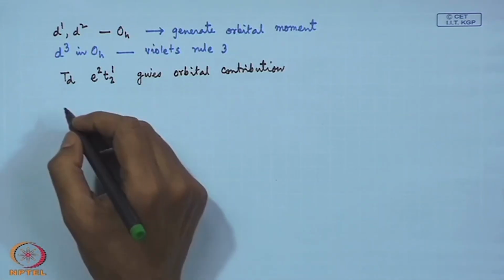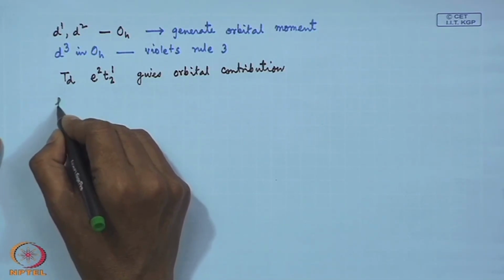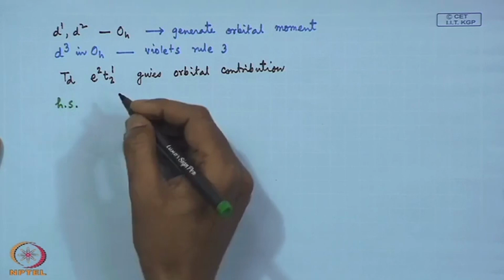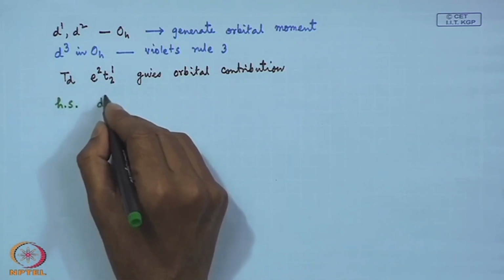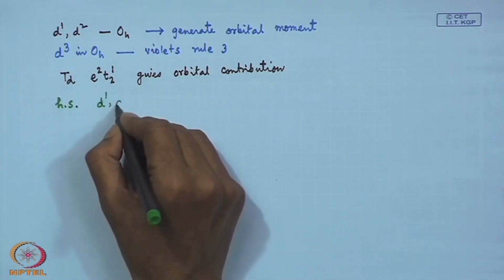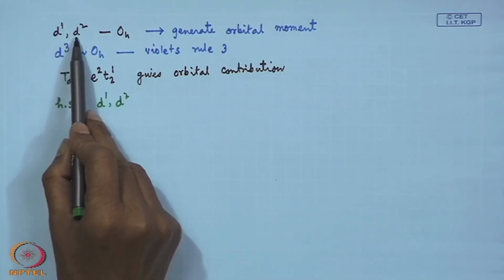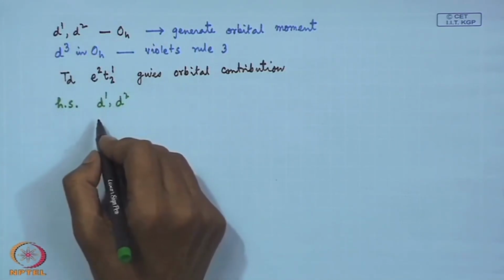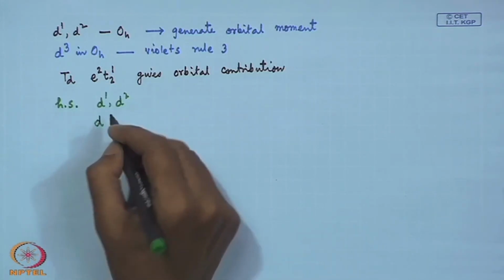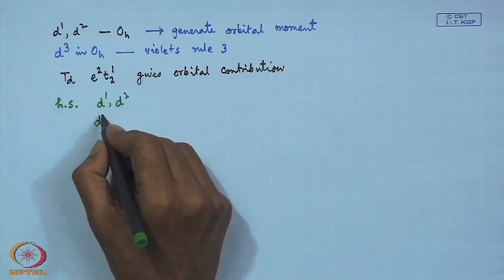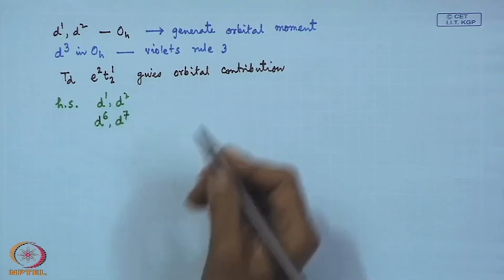So, in terms of the corresponding term symbols, if we have the high spin system for d1, d2, two unpaired electrons in the T2G level. Similarly, the situation is the same when we cross the half filled configuration, that means after d5 we have d6 and d7.